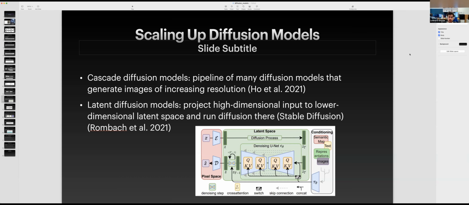And as a little aside, Stability AI, the startup behind Stable Diffusion, has recently announced that it's received $101 million in venture capital funding to develop these content generation diffusion models, not just for images, but also for audio, 3D, movies, natural language.